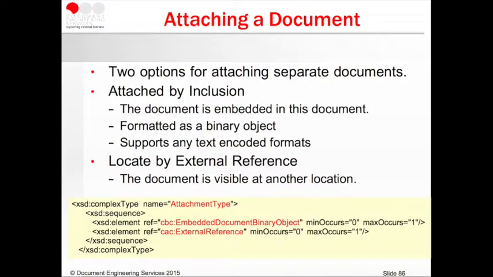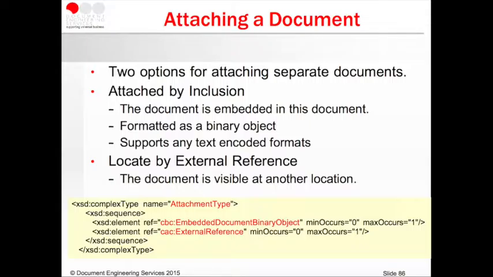You can also attach a document. And again, this is a common way of doing it, and there are two ways. One is what we call attach by inclusion. So you embed the entire document inside your XML document. It's formatted as what's called a binary object, and that means it can support any type of text encoding.